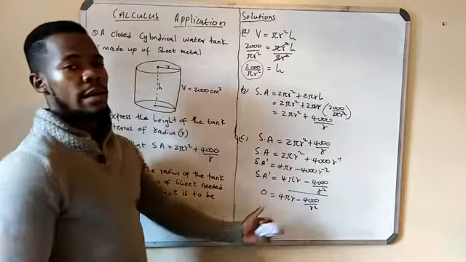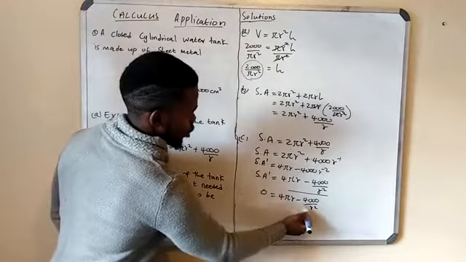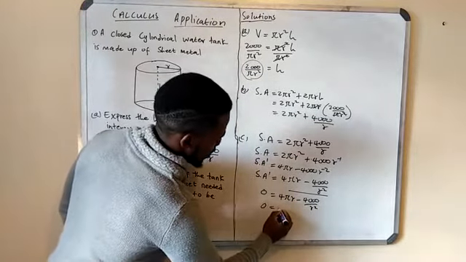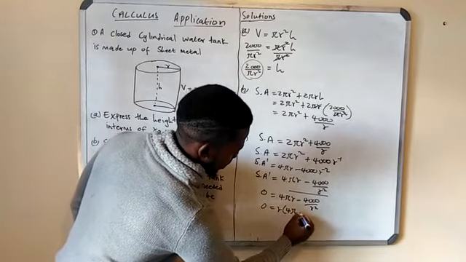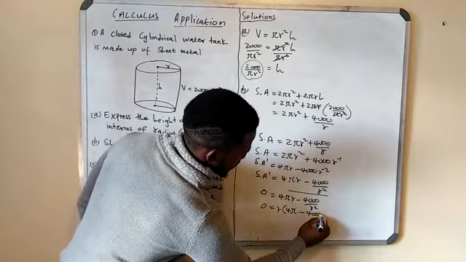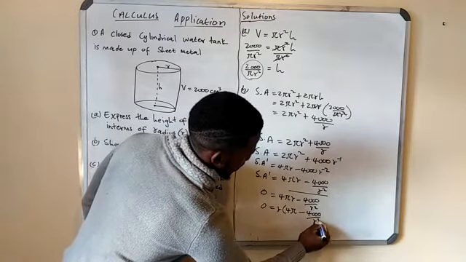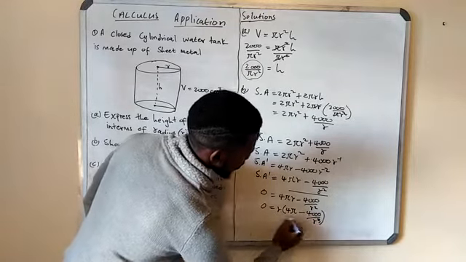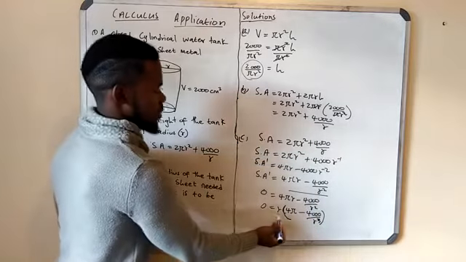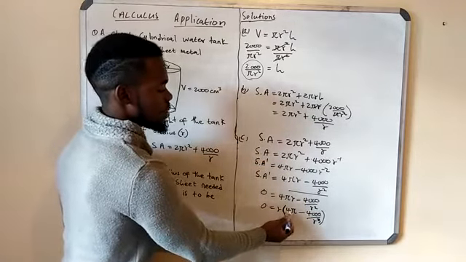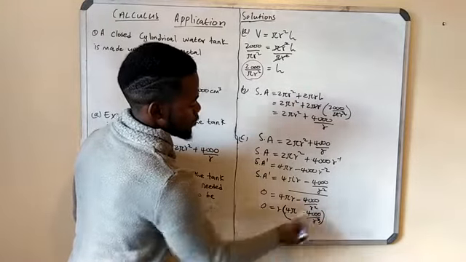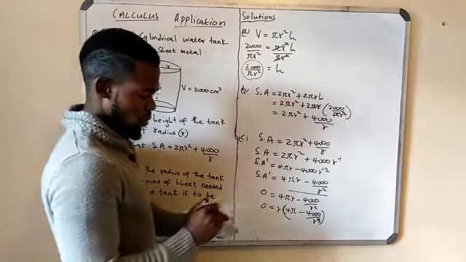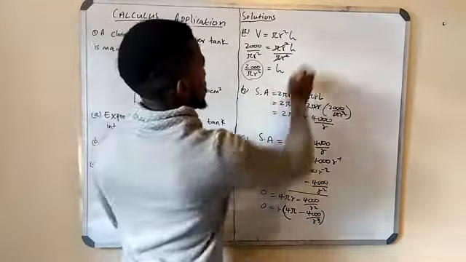Remember, we're solving for r here, so we're going to take out r as a common factor. 0 is equal to r into 4π minus 4000 all over r cubed. We have taken out r as a common factor. You multiply with this r inside the bracket, therefore r will cancel one r there, and you will be left with r². Let me quickly finish it off there.